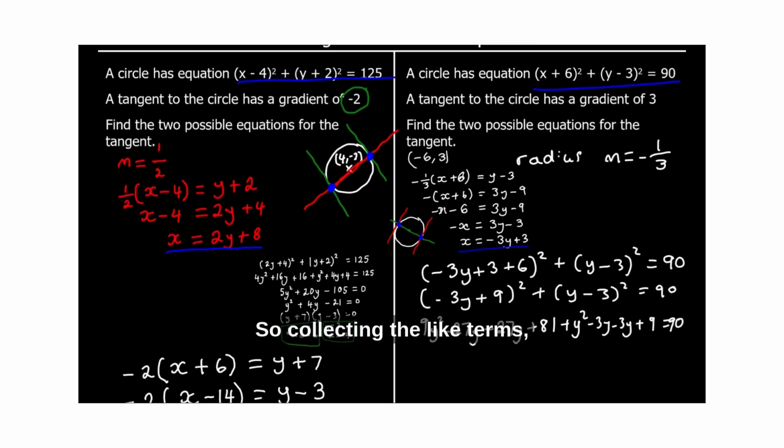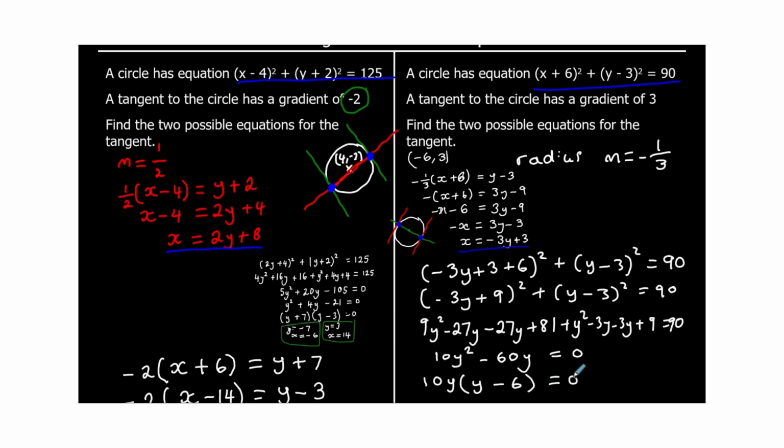So collecting the like terms, we've got 10y squared. We've got minus 27 minus 27 minus 3, which is minus 60y. And we've got 81 and 9, which is 90. Take away 90, so that equals 0. So let's just factorize this. Take 10y out, which leaves y minus 6 inside.